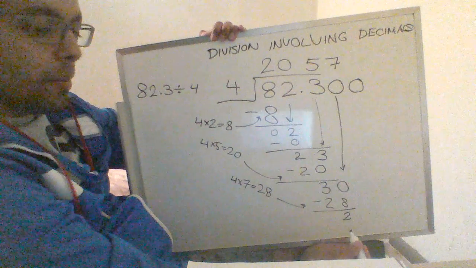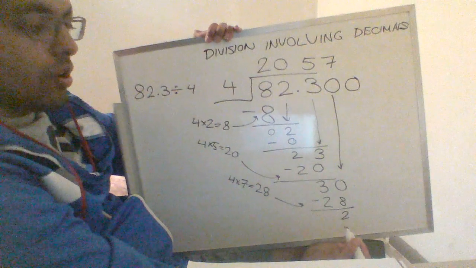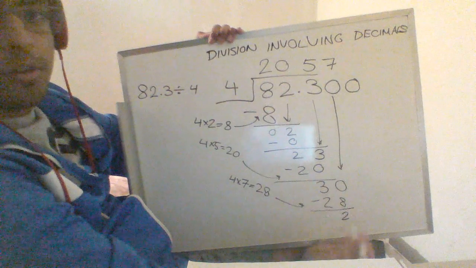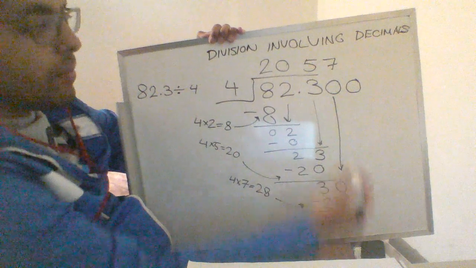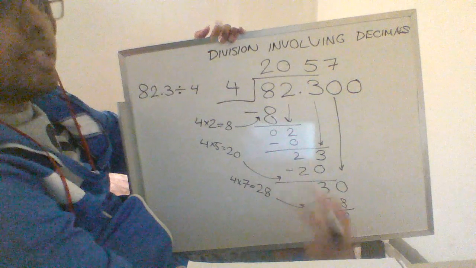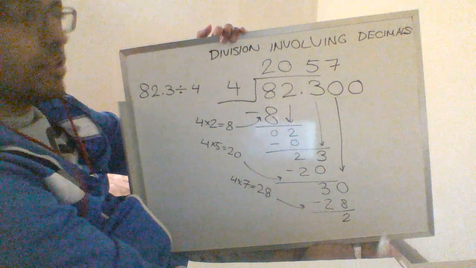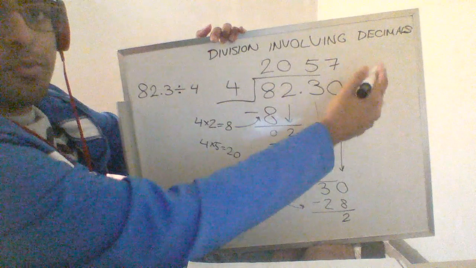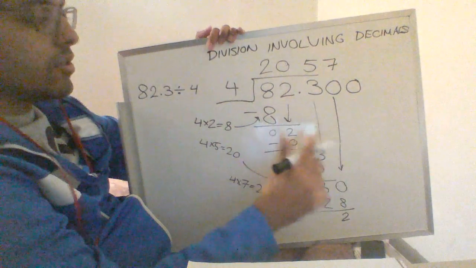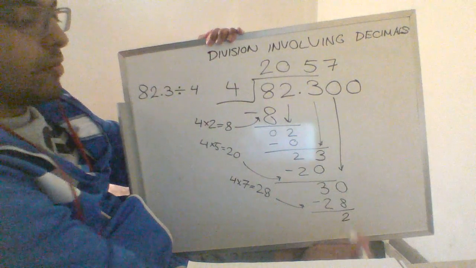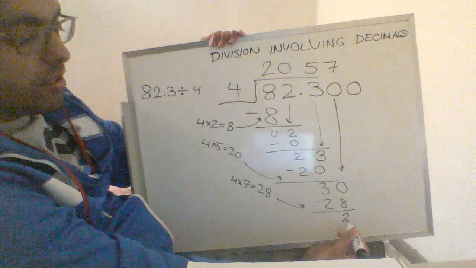Or, as we'll see in the next video, if I can see that the pattern is going to repeat itself, that maybe I'm getting a 2, and then I pull down the 0, and the next time I also get a 2, and then I pull down a 0, and I also get a 2, that just means we're going to end up with something that's repeating up here, but we'll focus on that more in the next video. So for now, what we've got is we have this 2 down here.